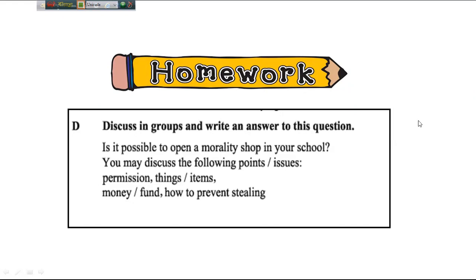For that, you can discuss this with your friends over telephone and give your opinion here. Try to write down how it can be possible and what you can do for that. All of you, this is your homework.